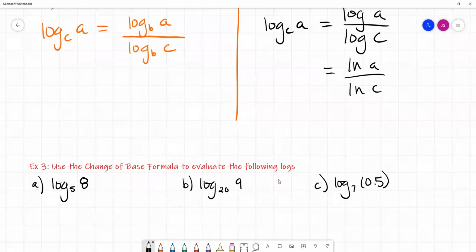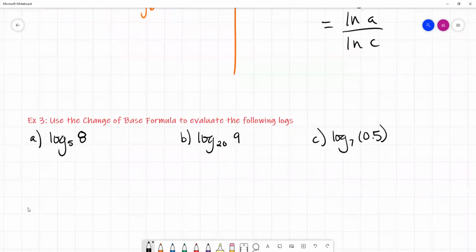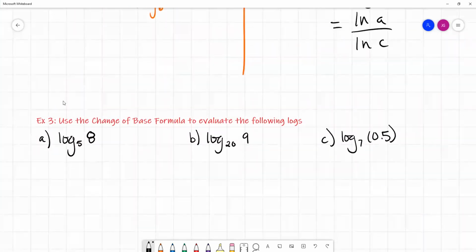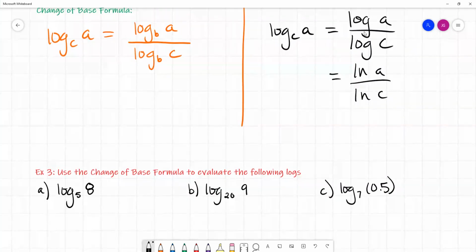So use the change of base formula to evaluate the following logs. Log base 5 of 8, let's start there. So using my change of base formula, so that I can evaluate it, I can rewrite it like so. Log base 5 of 8, 5 would be my c, 8 would be my a.